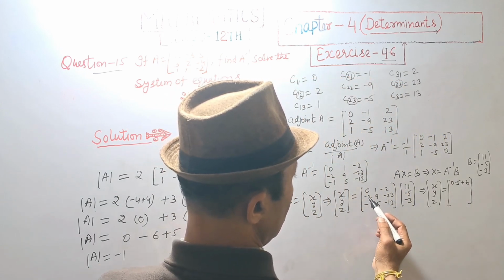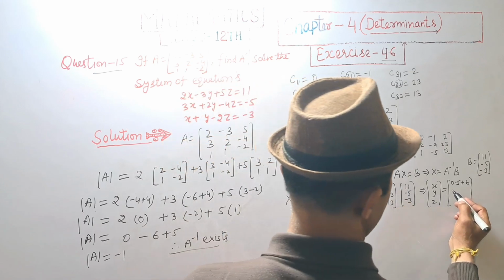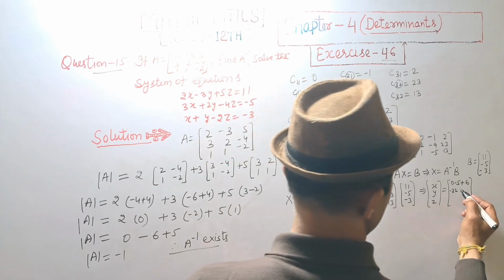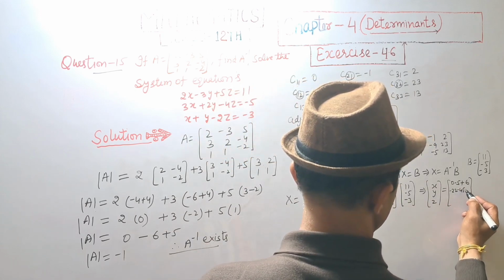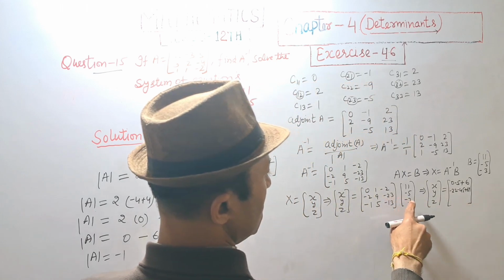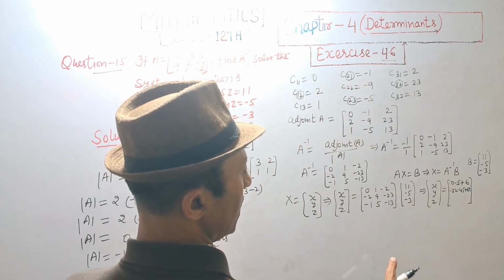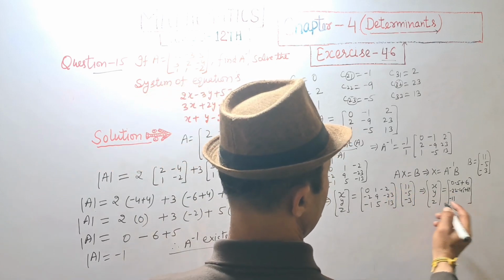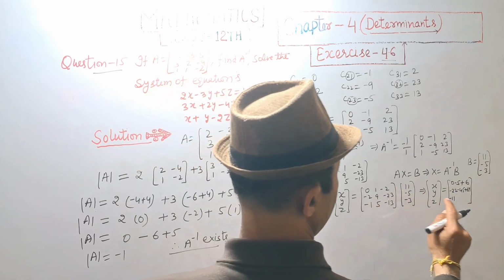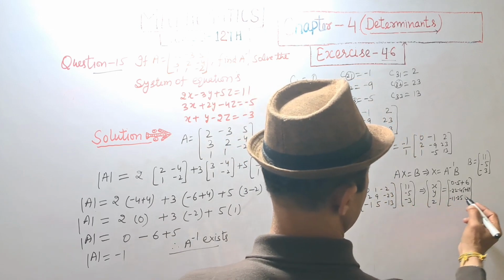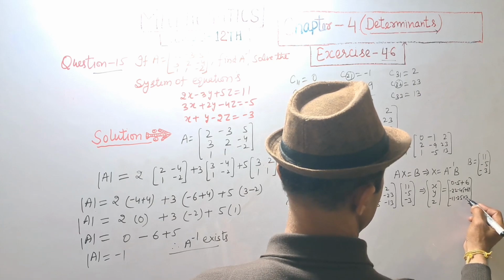And -2 multiplied by 11 is -22, 9 fives are 45, -45, plus 69, 23 threes are +69. -1 multiplied by 11 is -11, 5 multiplied by -5 is -25, 13 multiplied by 3 is equal to 39.